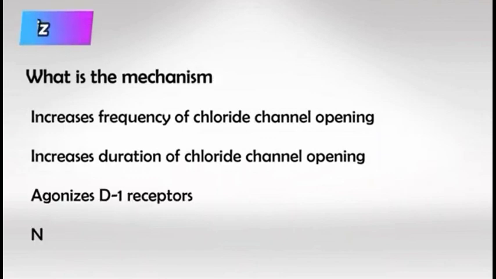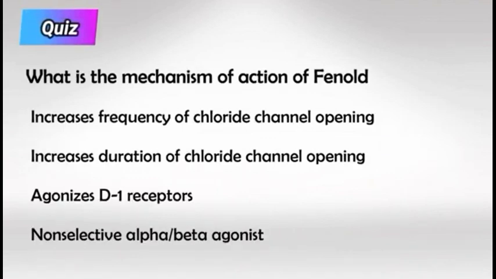Ganglionic blockers like trimethaphan and hexamethonium, and adrenergic neuron blockers reserpine and guanethidine. The alpha adrenoreceptor blockers are prazosin, phenoxybenzamine and phentolamine.